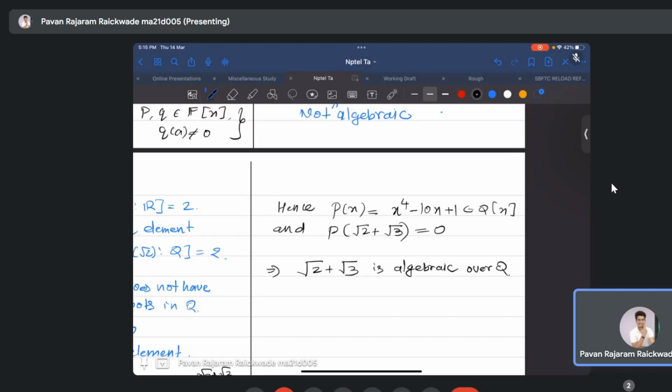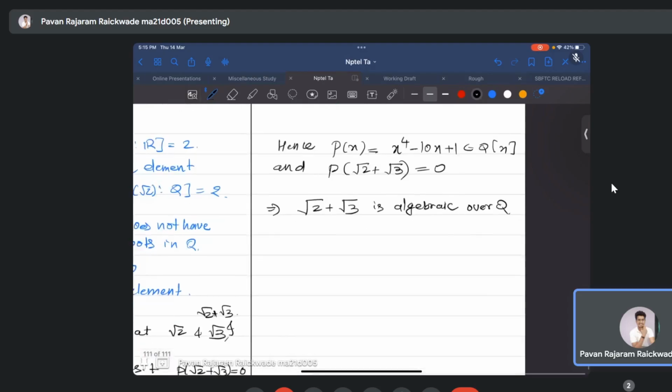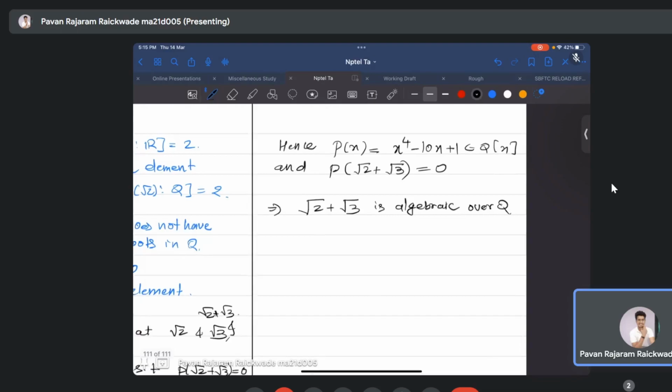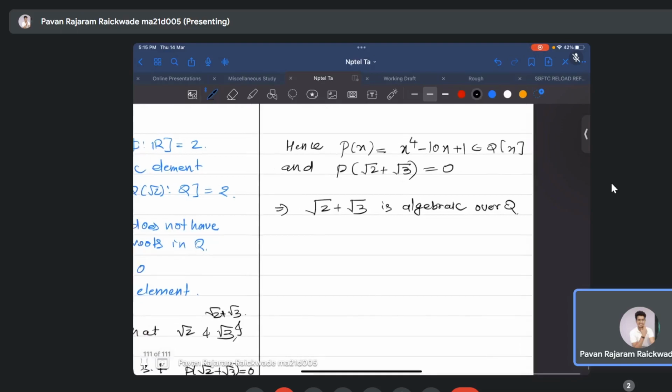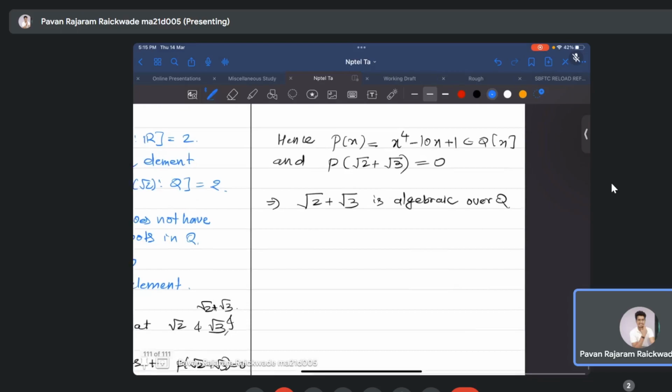Right now, we'll define something else. I gave a question in between a bunch of definitions. I have defined what an algebraic element is. Also, what is the degree? Degree of an algebraic element.